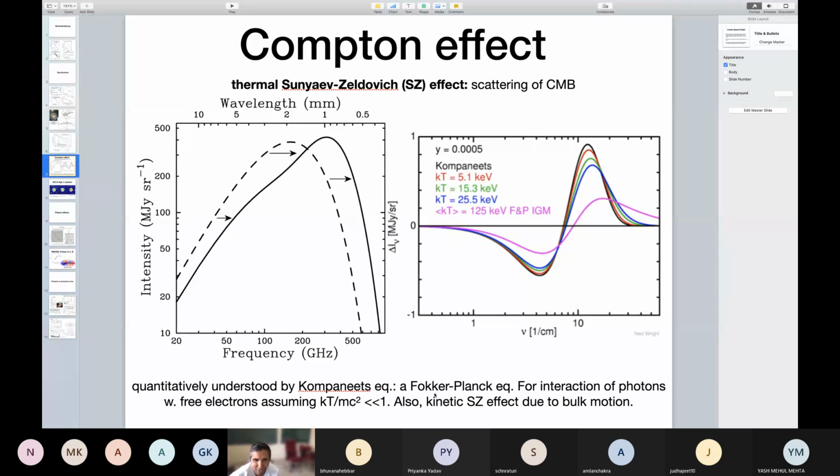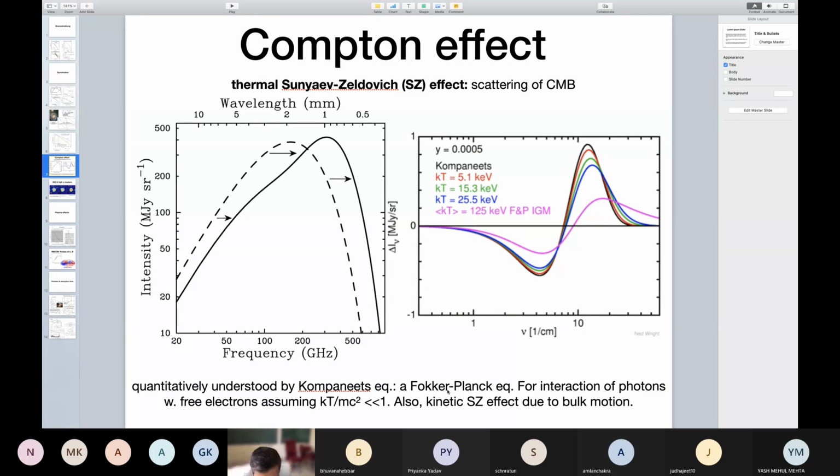It's sort of like a Boltzmann equation which governs the evolution of the distribution function of photons when they interact with electrons due to inverse Compton scattering. And what is assumed is that kT by mc squared is much less than 1, which means that delta epsilon by epsilon is much less than 1, which is the regime in which the Boltzmann equation can be treated as a Fokker-Planck equation.